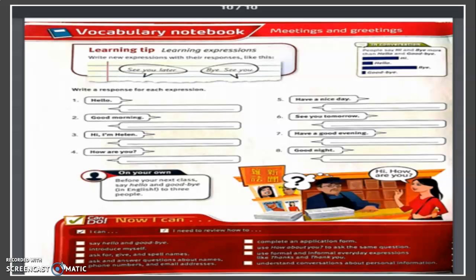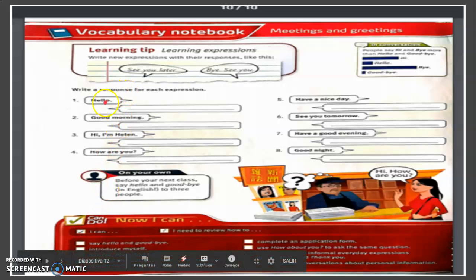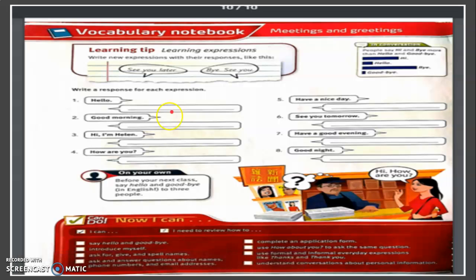In this vocabulary, you're going to complete. For example, you say, hello. Here you're going to say, hi, good morning. I am fine. And you complete according to the expression. You say one greeting, and then another person answers with another greeting, and complete. The same in this case here.